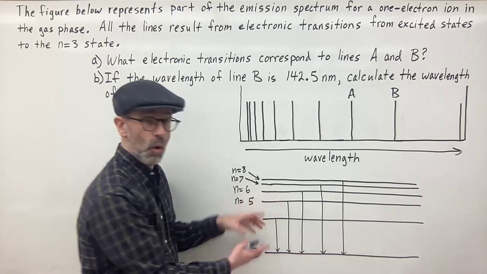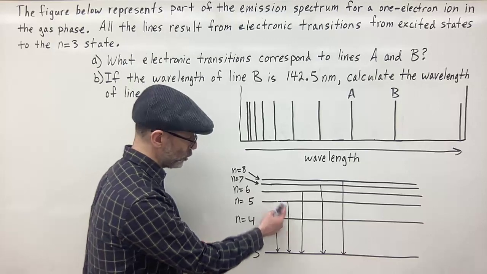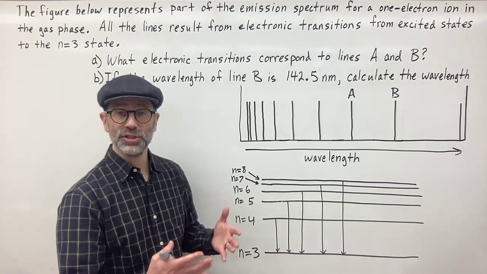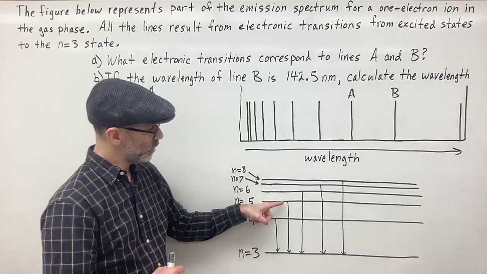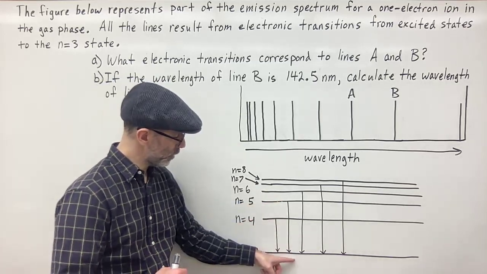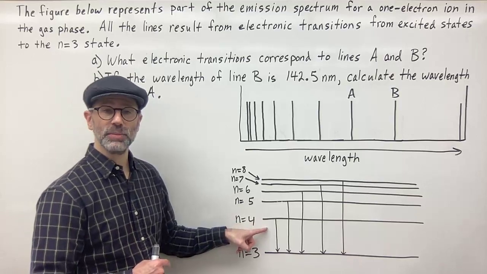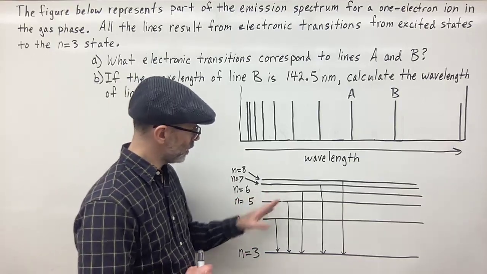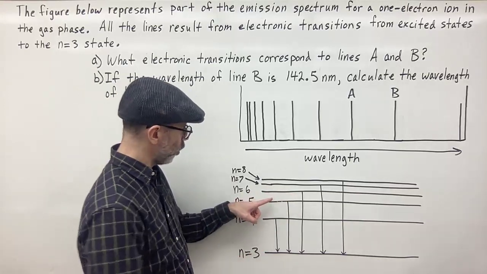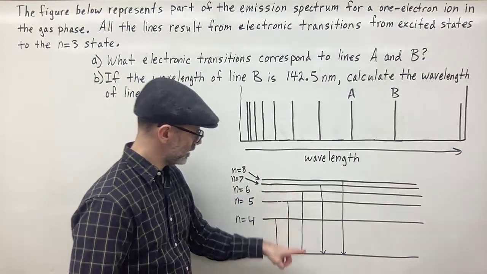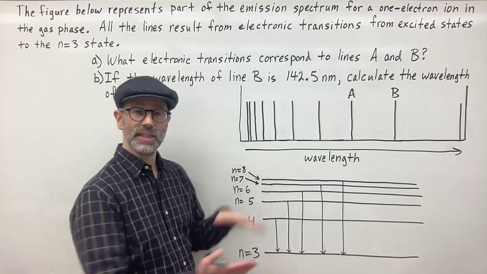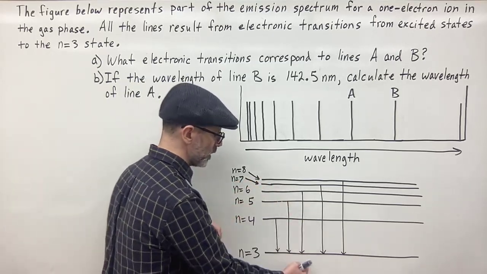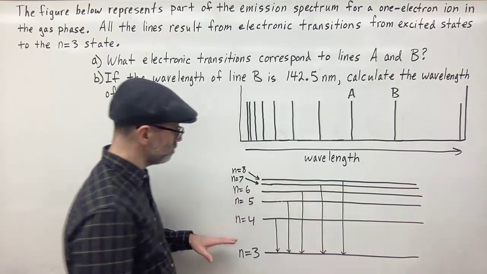And so that means a larger energy difference between 5 and 3. More energy is released when the electron jumps down from 5 to 3 than when it jumps down from 4 to 3. And we can see that also continue here. Going from n equals 6 to n equals 3 is a larger gap, so more energy is going to be released here, and so on.